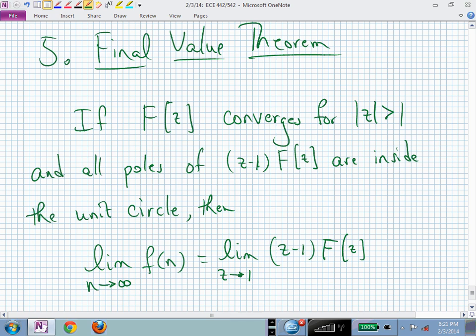If not, then maybe your final value is indeed going to be 0. Maybe it's decaying, and so your final value is 0.